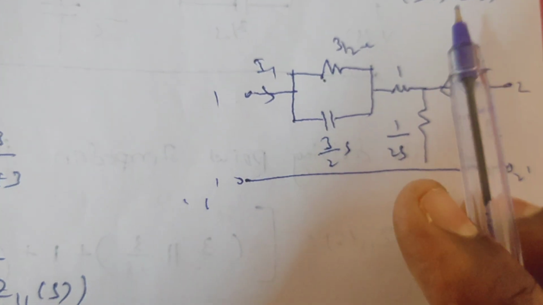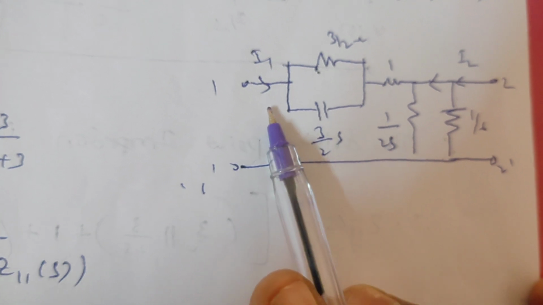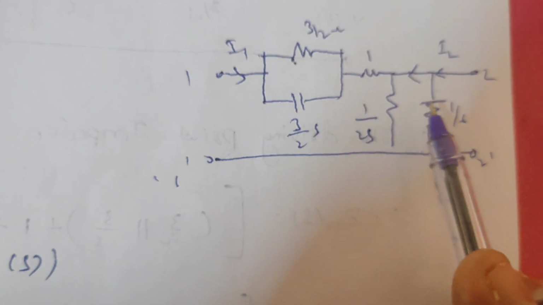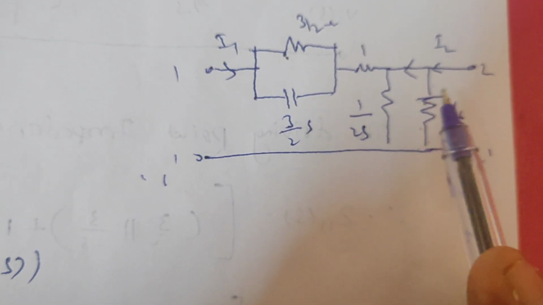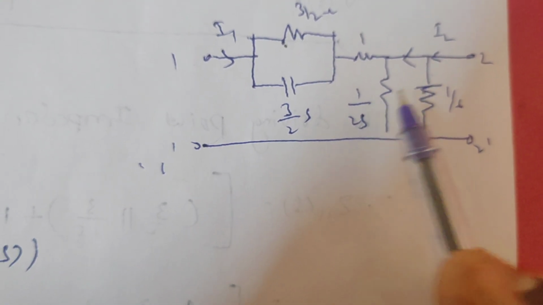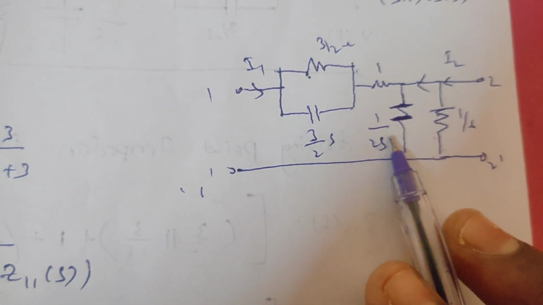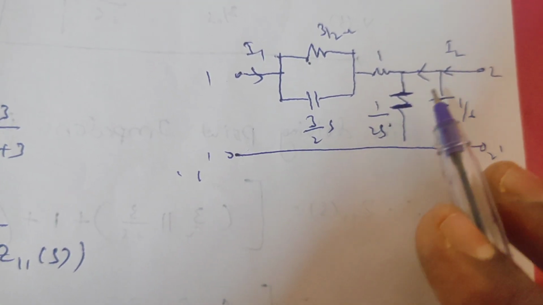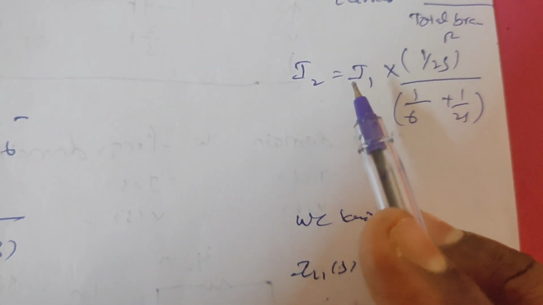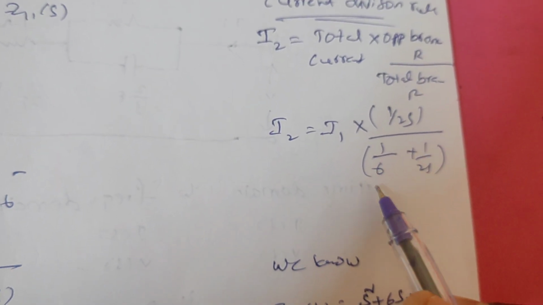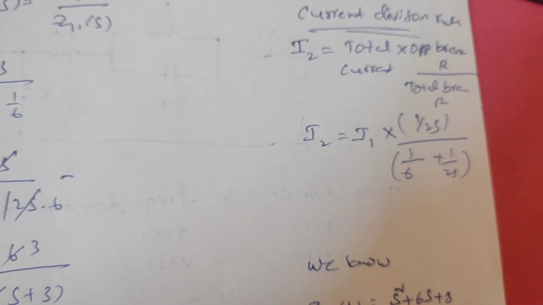So this I2 is nothing but the total branch current I1, which is coming in the negative direction, so minus I1, into the opposite branch resistance by the entire branch resistance. That is I2 is equal to minus of I1 into 1 by 2s by the total branch, 1 by 6 plus 1 by 2s. Just substitute this value here.